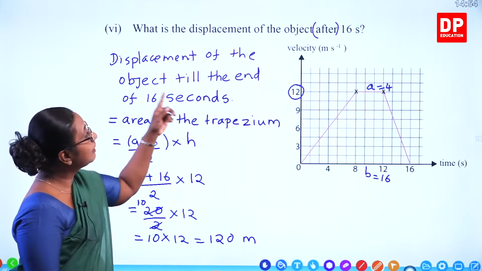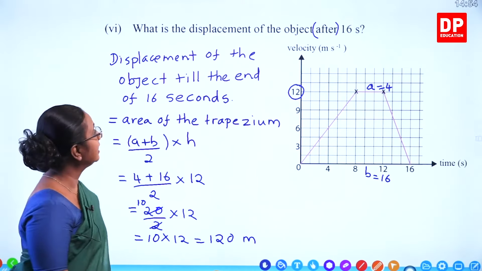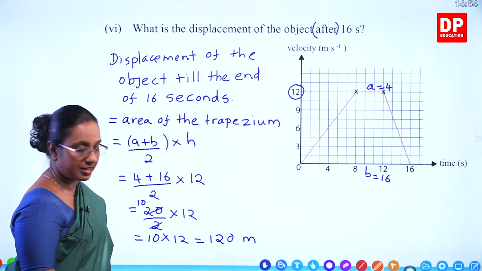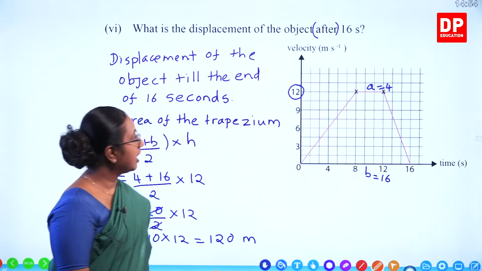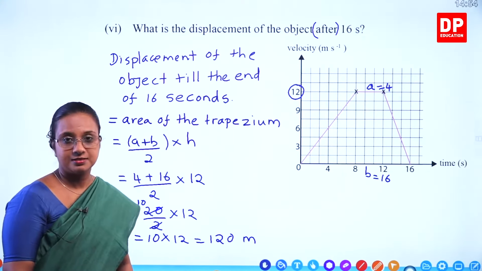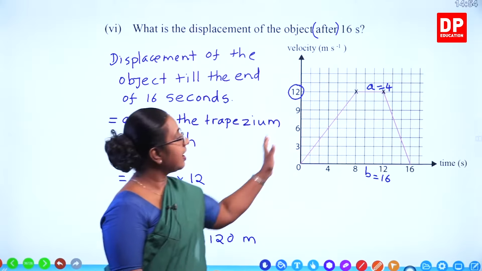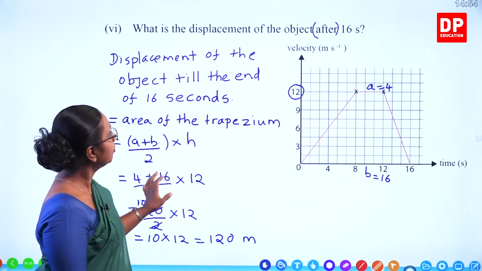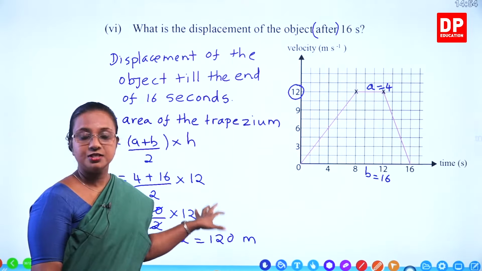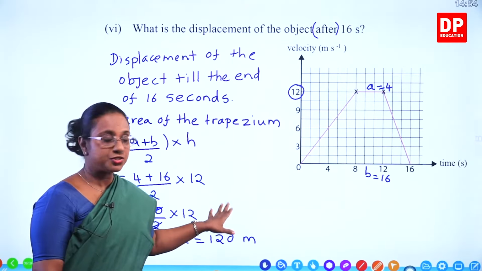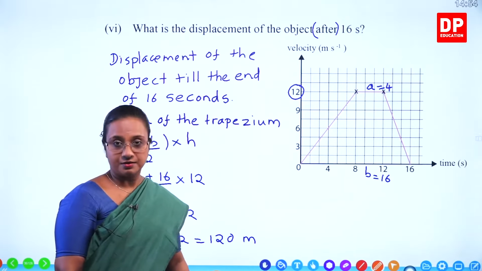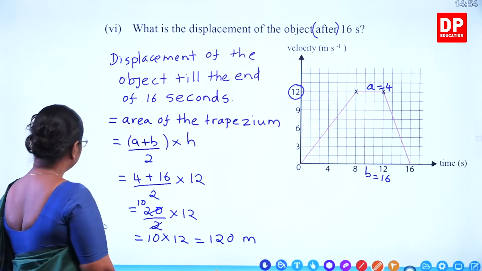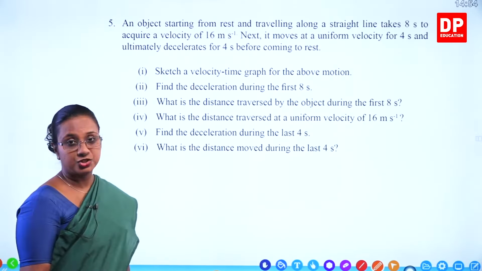So the displacement of the object at the end of 16 seconds is equal to 120 meters. That is the area covered by the trapezium. I hope you understood the calculation related to all these questions of the graph. We'll go on to the next question.